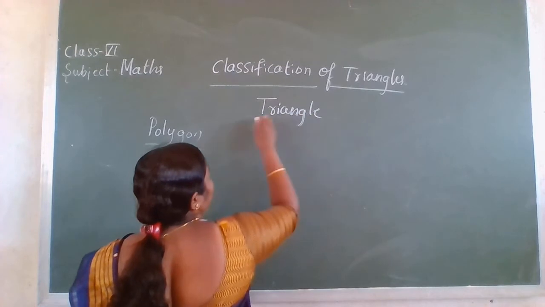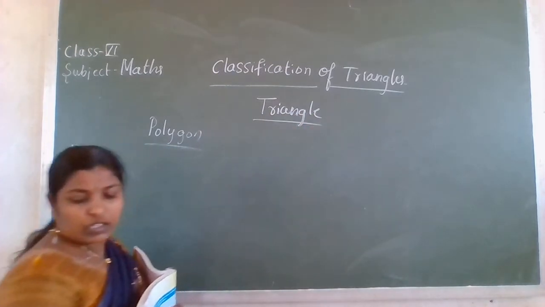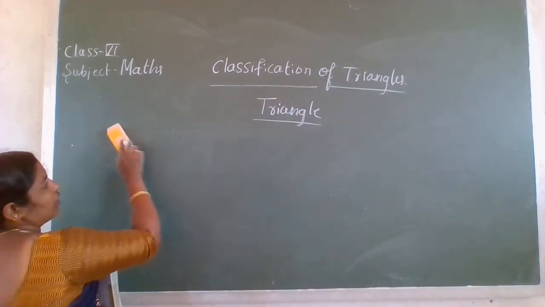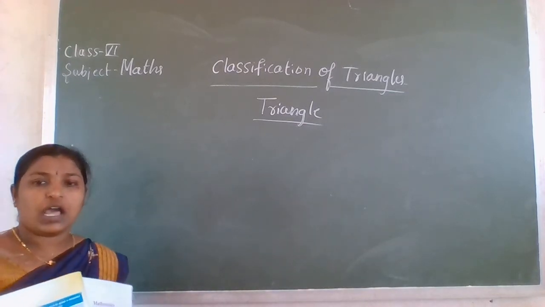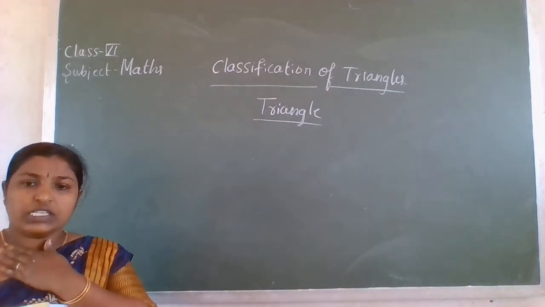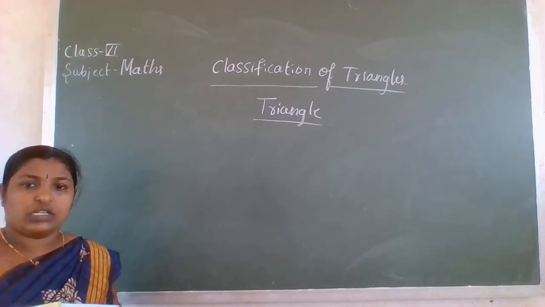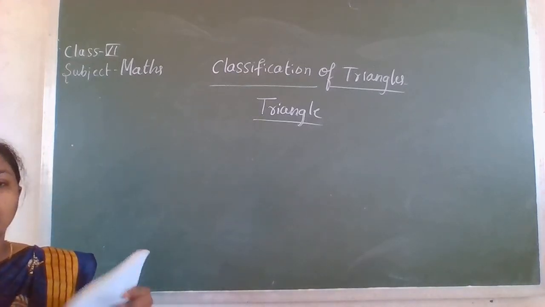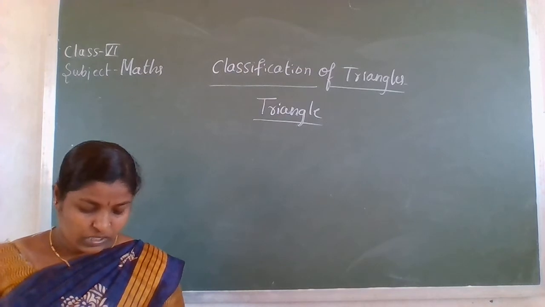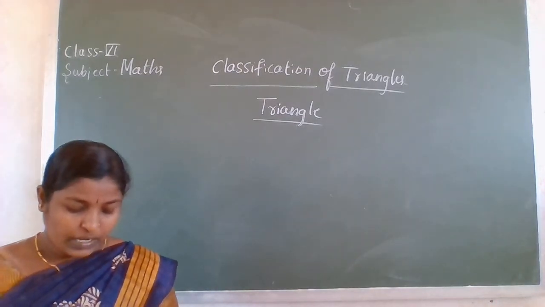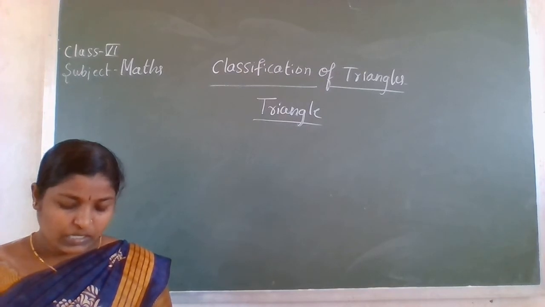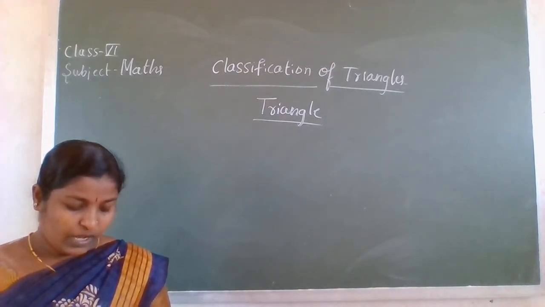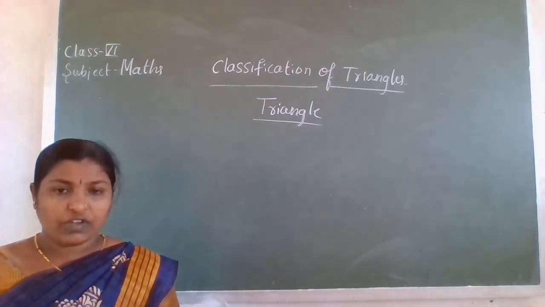This is the polygon with the least number of sides. A triangle has 3 sides and 3 corners, and we need to learn the types of triangles. Using a protractor and a ruler, find the measures of the sides and the angles of the given triangles. Fill the measures in the given table.